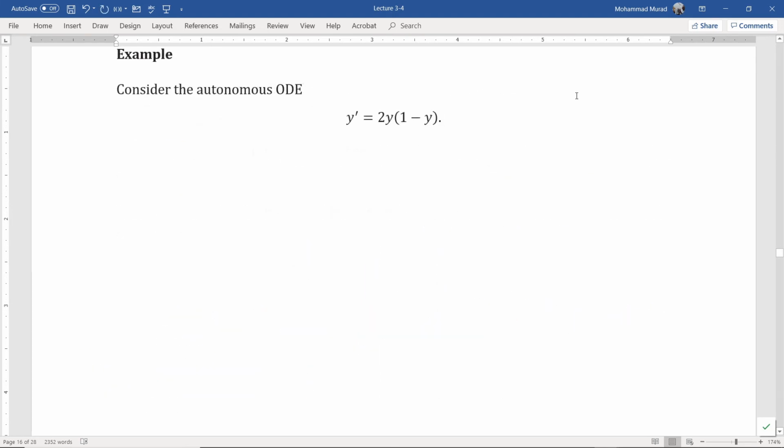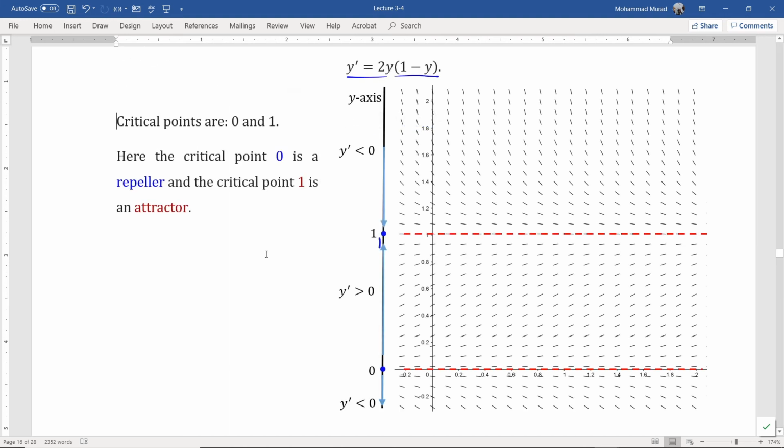Let's consider the previous example, y prime equals 2y times 1 minus y. The critical points of this differential equation are 0 and 1, as shown in this figure.